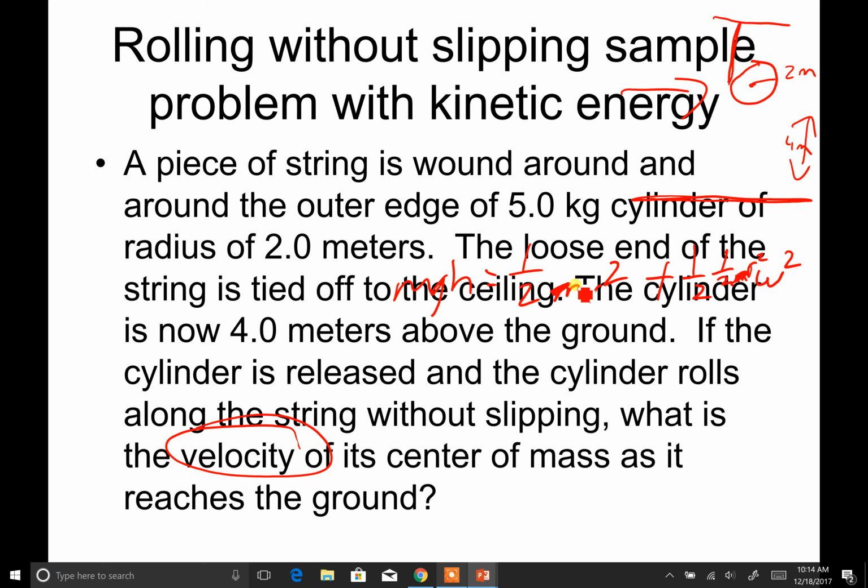So the mass here cancels, and the mass over here cancels. So now we have gh is equal to 1/2 v squared plus 1/4 times r squared times omega squared.